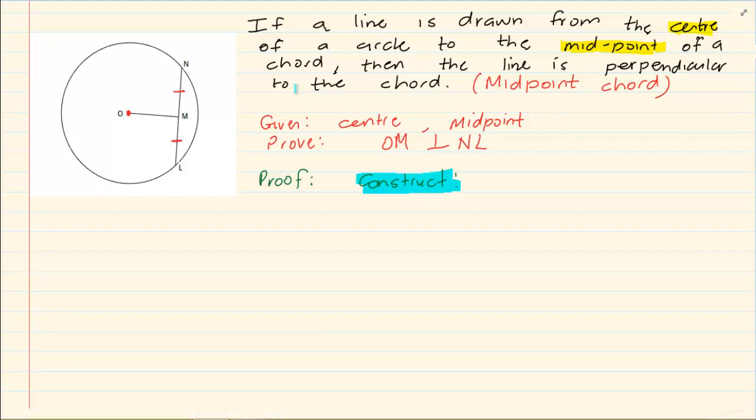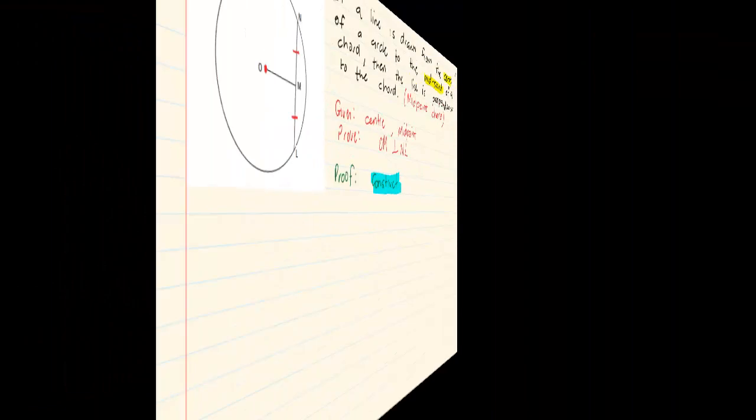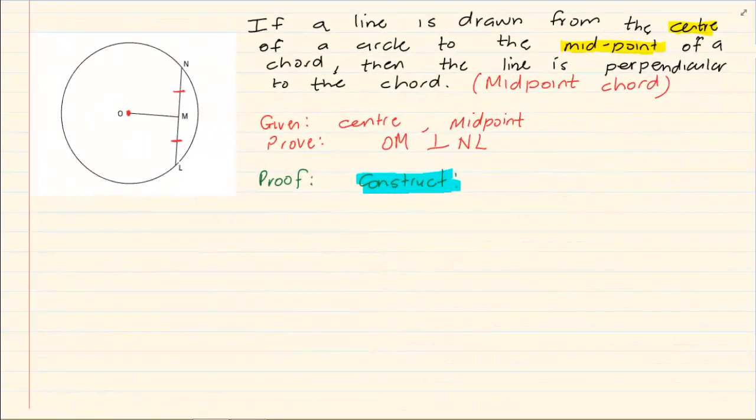So when they're giving you a question and it doesn't look like any of your theorems, you'll see it with many lines or different. It doesn't look standard. Like maybe if you look at this, it's a rider. You can see it's many circles, it's got different numbering, different alphabets. You can only construct in your theorems. Alright, so what are we going to construct? We are going to construct the lines OL and ON.